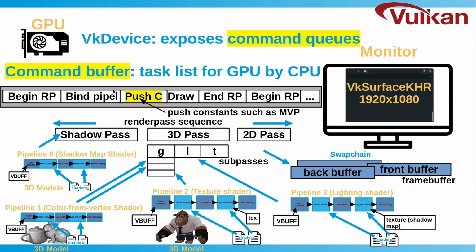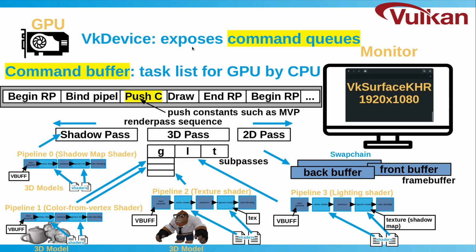So in the beginning of this video we said we can create a logical device, referred to as VK device, from our physical GPU by means of a Vulkan instance. Now the logical device will expose command queues for certain applications.